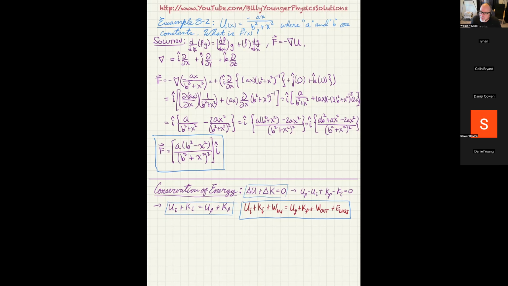And there are sometimes where it's patently obvious exactly what work in and work out is and exactly what E loss is. That's the kind of example I'm going to show you next. But the majority of conservation of energy problems have all these terms. You can see I've got 7 terms in my version. A bunch of them are going to be zero. That's the beauty of conservation of energy problems. So let me go ahead and do an example using this version. I'm going to call this just plain Mr. Younger's example.